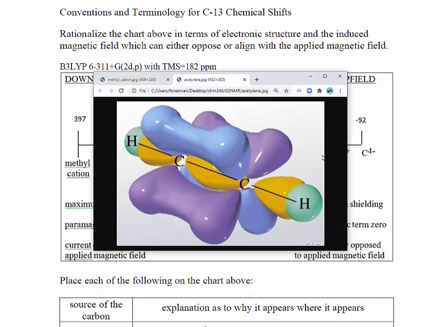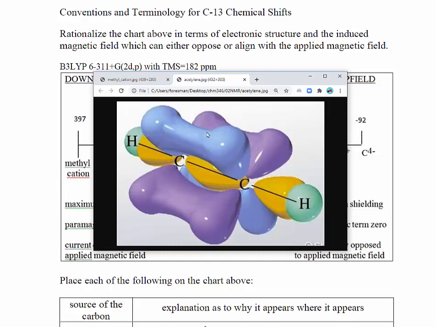Acetylene has sp hybridized orbitals at each carbon. It'll have 2 sets of unhybridized p's that form the pi bonds. And so these electrons form kind of a ring around the axis of acetylene.